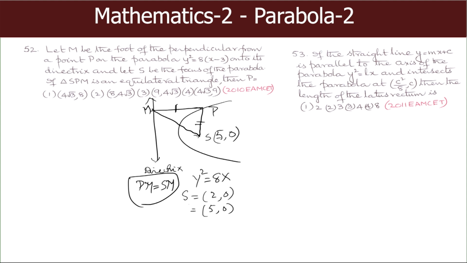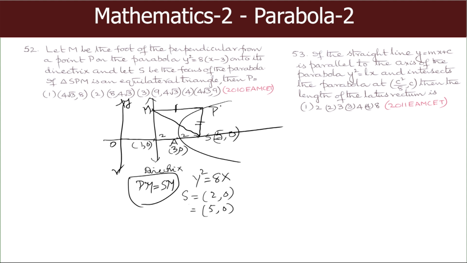Okay. Now, what are the coordinates of P? Well, this is (3, 0), the vertex, and this is (5, 0), and therefore, this is (2, 0). This is (1, 0). This is 2. This is 2. So, this is (1, 0). So, this is the y axis. Follow?